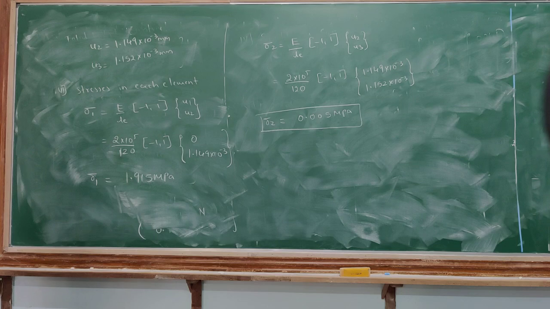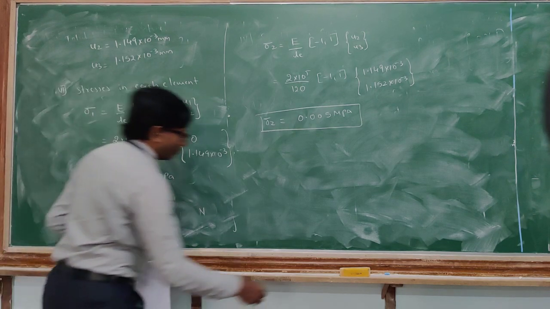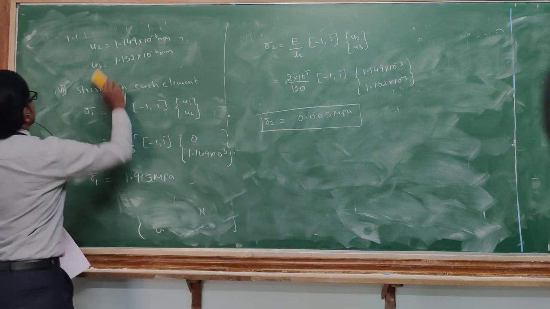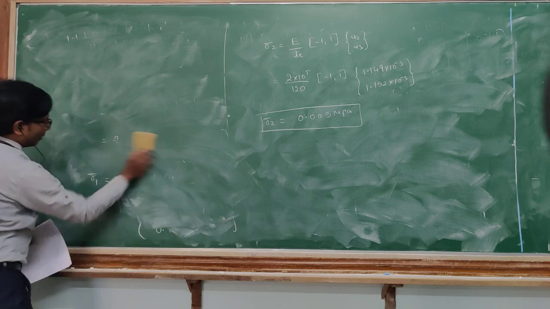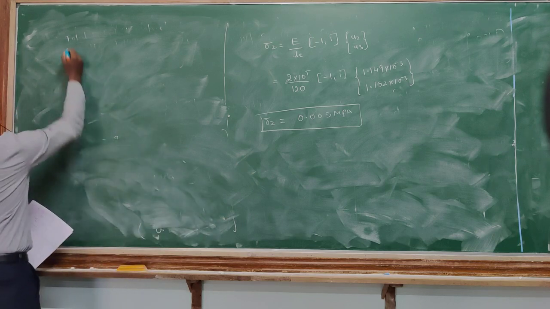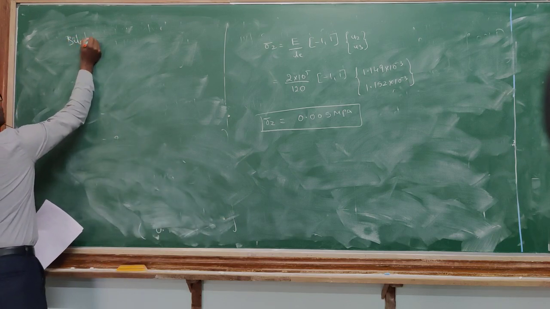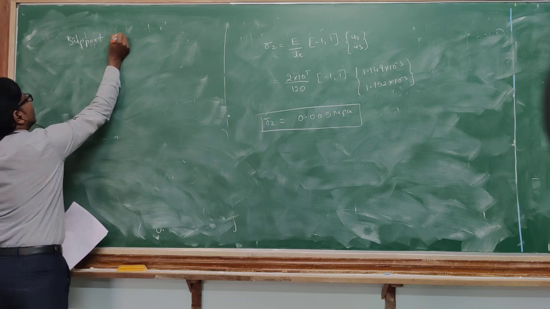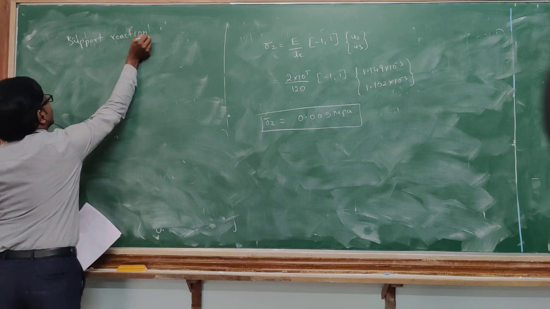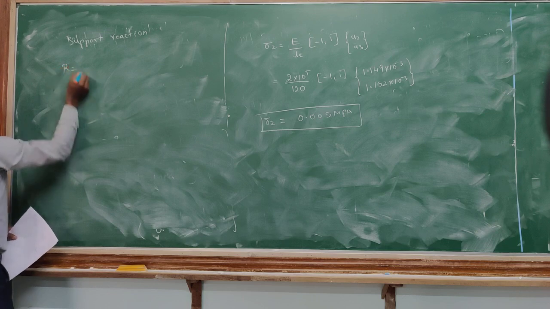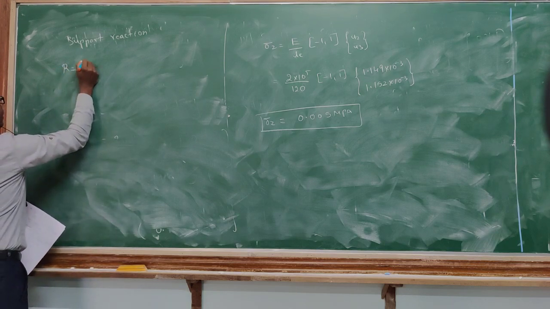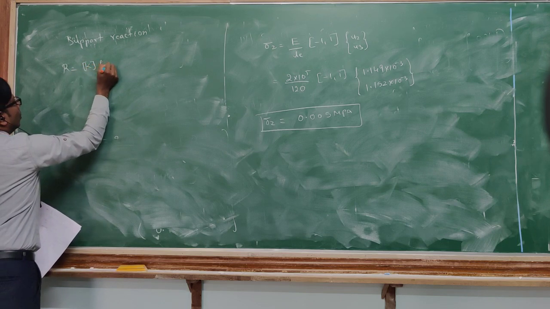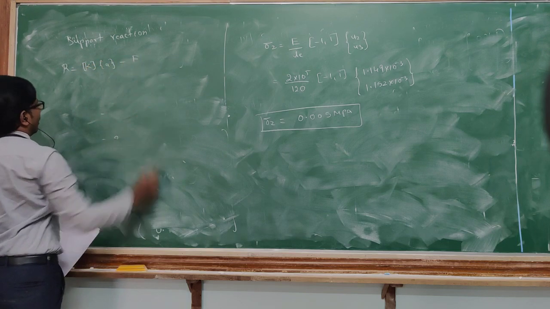Lastly we have to find the support reaction. We will be calculating the support reaction, which is R. When you go for the elimination approach, R is equal to K into u minus f.